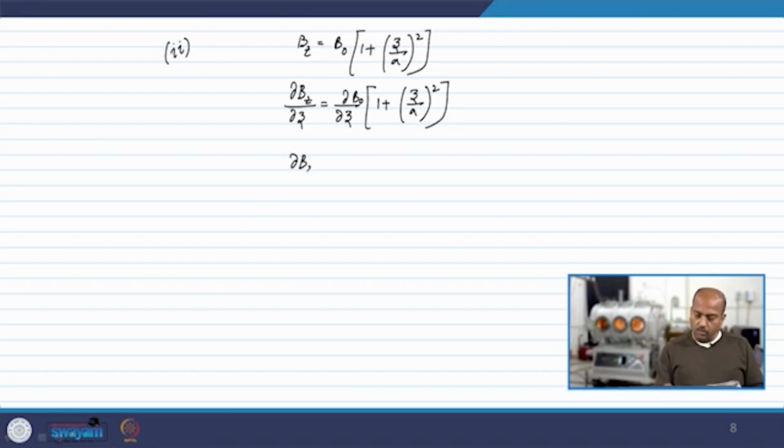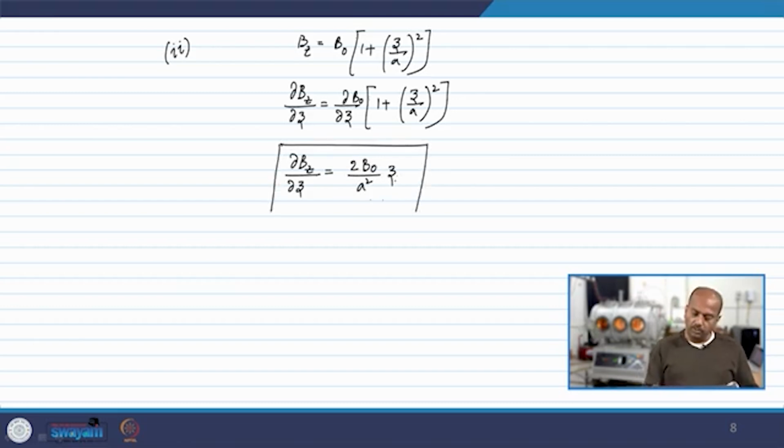So, dou Bz by dou z, take the derivative inside, you get 2 B naught by A square times z.